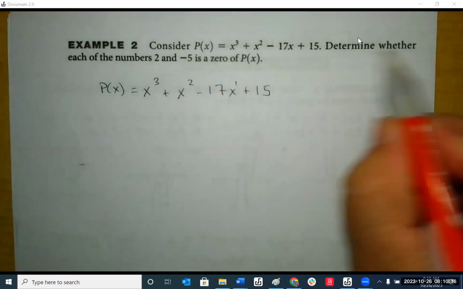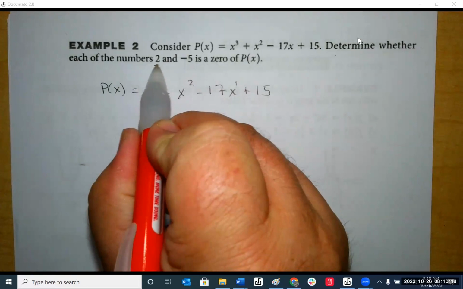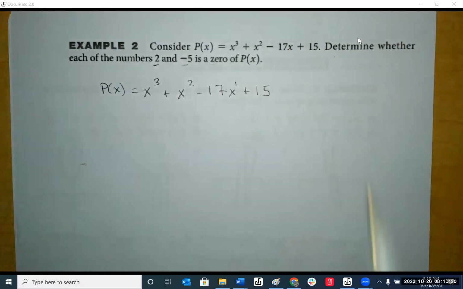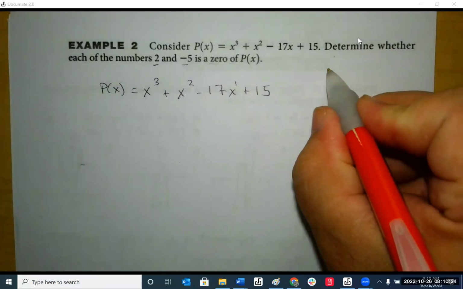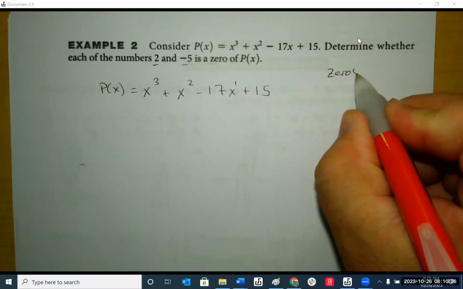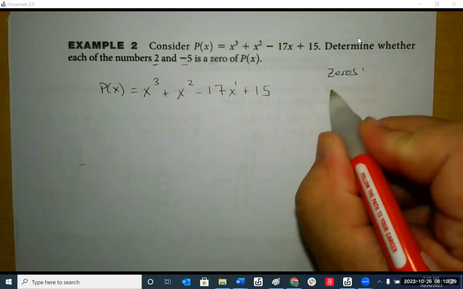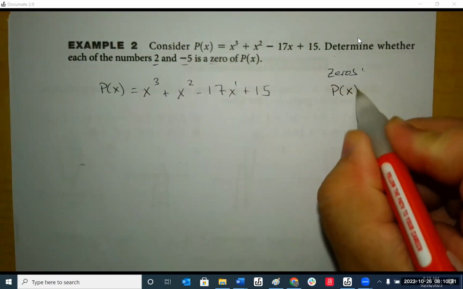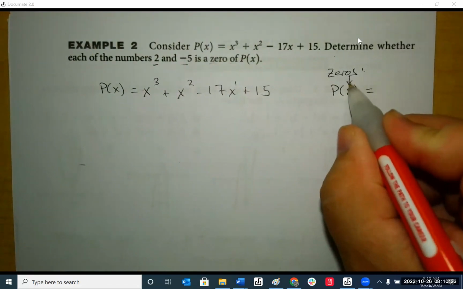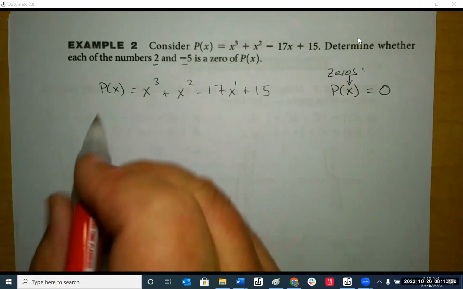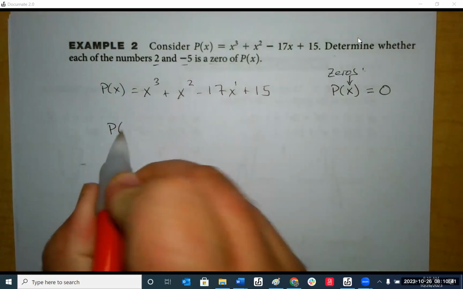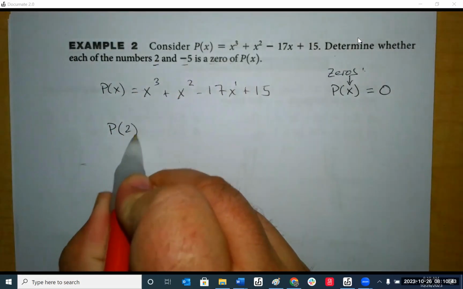Now, this was asking, determine whether the numbers 2 and -5 are zeros of this polynomial. Zeros are what x values, what do you put inside there to make the function equal 0? That's why it's called a 0. So let's try them. We put 2 in the first one.